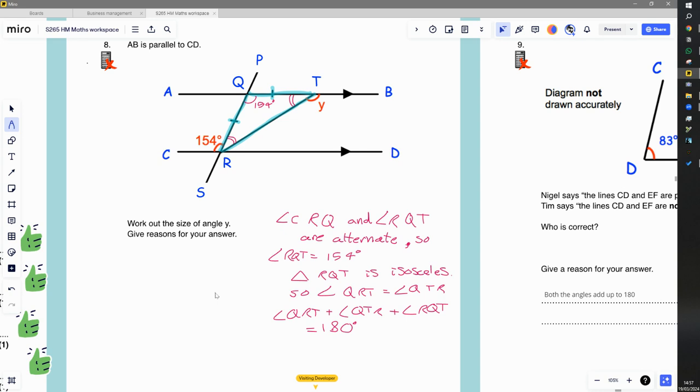So therefore, we'll just go 180 degrees minus 154 degrees. And what does that give us? That gives us 26 degrees, doesn't it? Is that right? Yeah, 26 degrees.